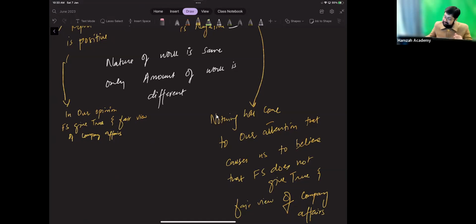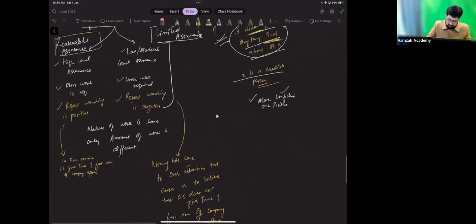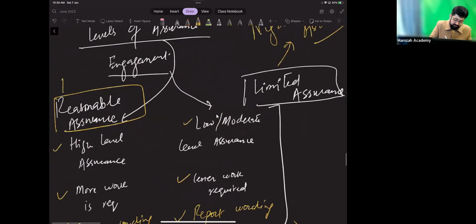You see, a negatively worded report is low level assurance, moderate level assurance. So that's why it is also called sometimes negative assurance. It is also called sometimes positive assurance. Negative assurance and positive assurance.